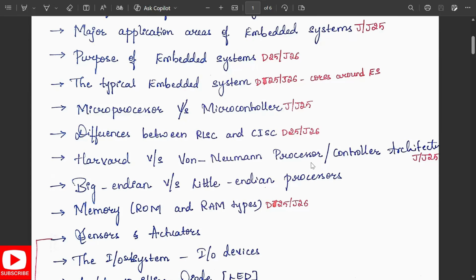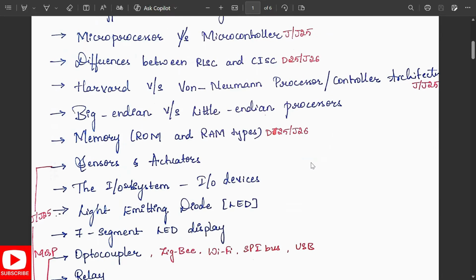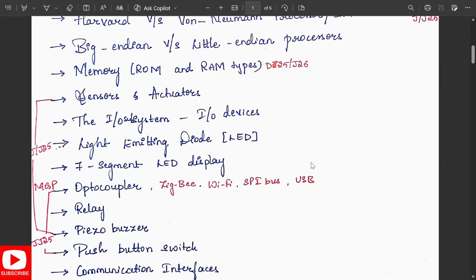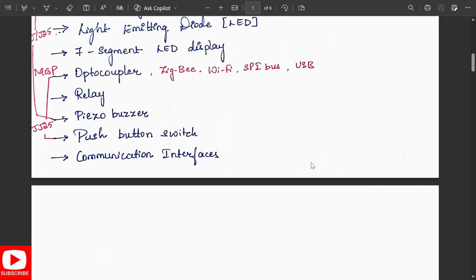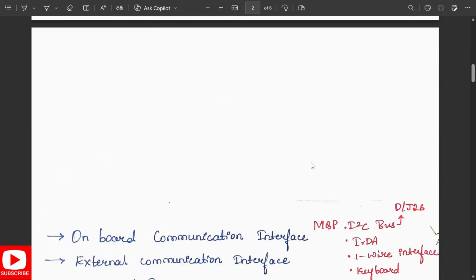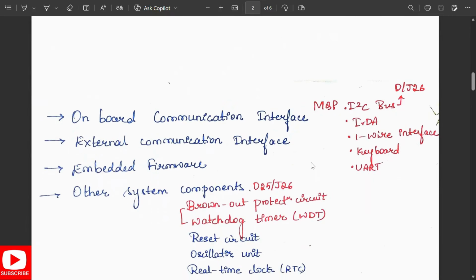Then in part 2 we'll be discussing sensors and actuators, and the input output subsystem along with input output devices like light emitting diode (LED), 7-segment LED display, optocoupler, relay, piezo buzzer, push button switch, and communication interfaces like the onboard communication interface.